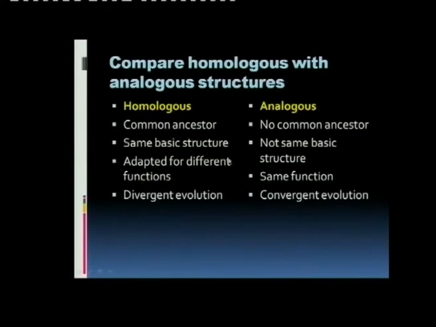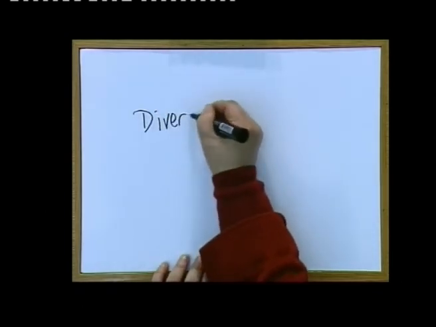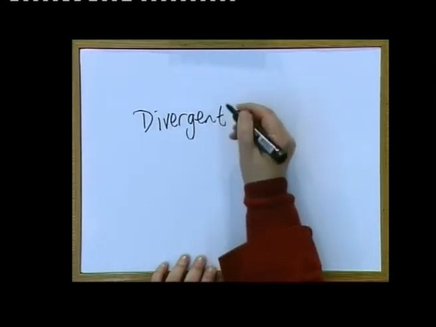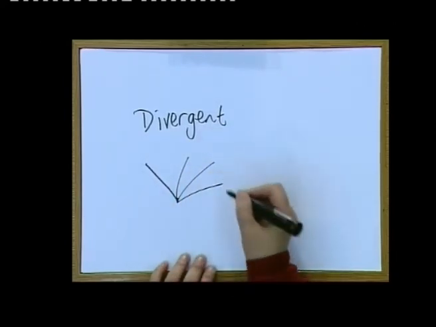And this brings us to where Lorraine will explain to you what is meant by divergent and convergent evolution. Right, divergent means to spread out. Divergent means to spread out into different directions.